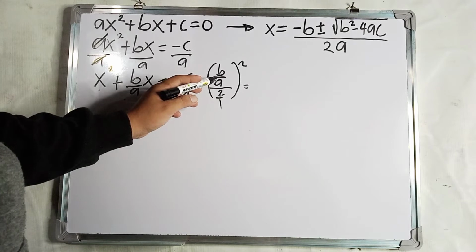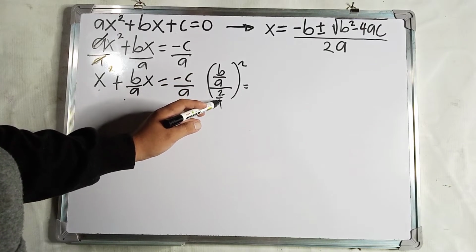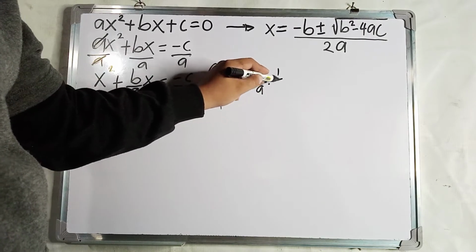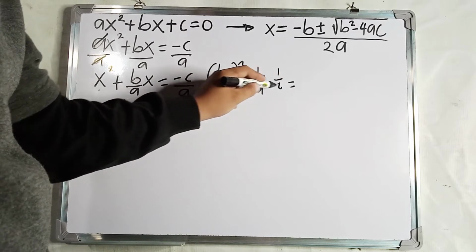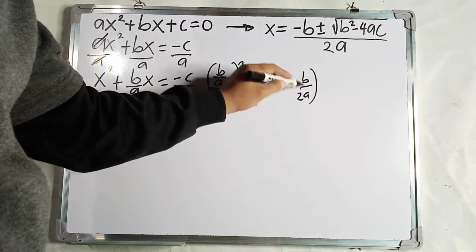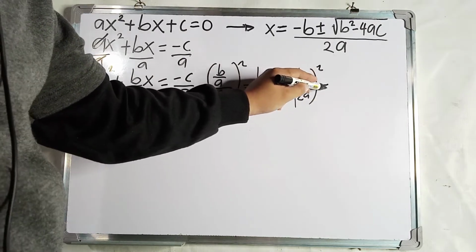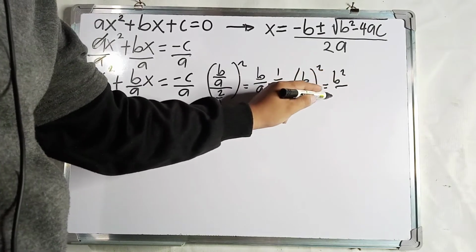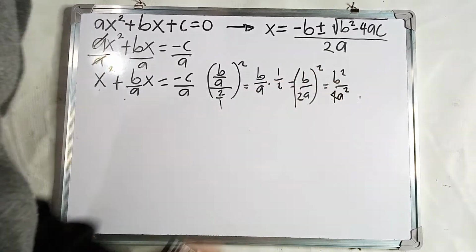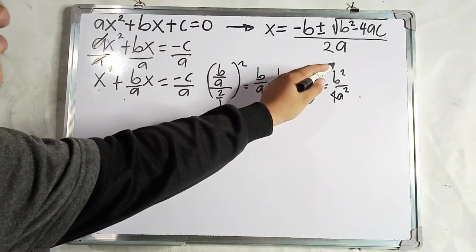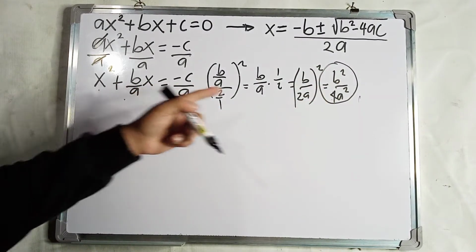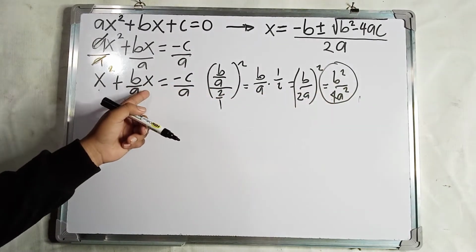When dividing a fraction by a fraction, we take the reciprocal of the divisor. So it becomes b over a times 1 over 2, or 1/2. So b times 1 is b, a times 2 is 2a, then squared. This will become b squared all over 4a squared. This number we are going to add to both sides of the equation.